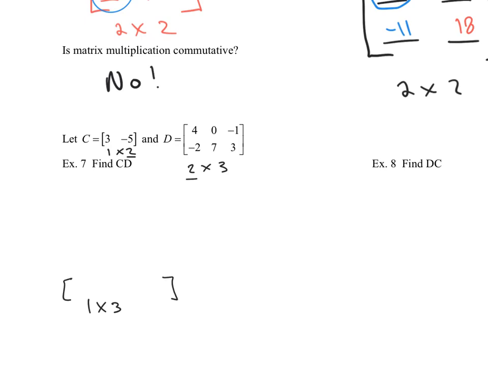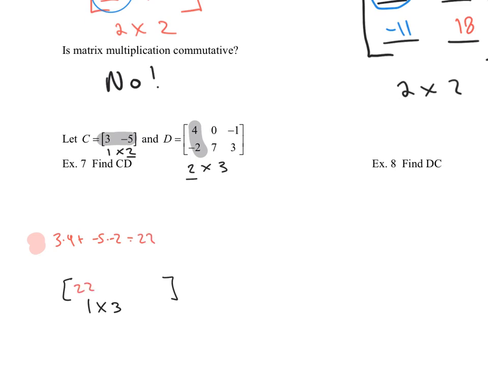Okay, so here there's no top or bottom, it's just column times left. And so we do the inner product there and get 3 times 4 plus negative 5 times negative 2, which is 12 plus 10, so 22.